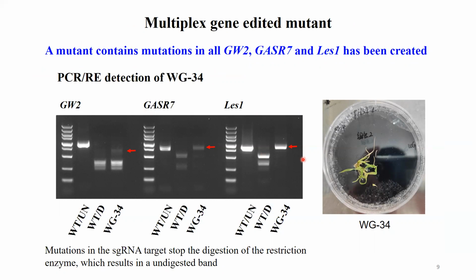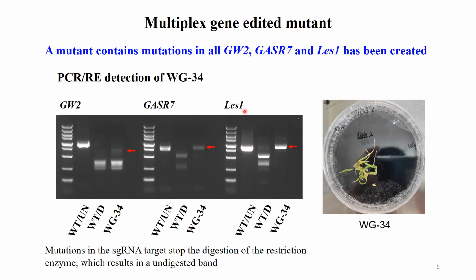After transformation, we have to detect the mutation in regenerated plants. Here is an example of the mutation detection of the plant WG34, which has been transformed with the sgRNAs of GW2, GASA7, and LAS1. This picture shows the restriction enzyme digestion result.